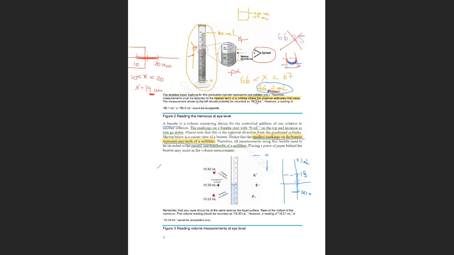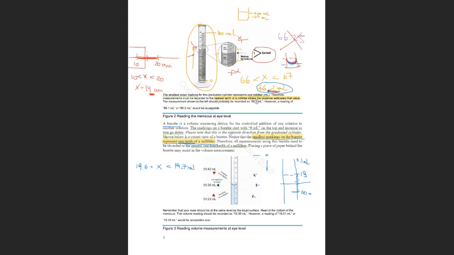I can say, for example, that my value is between 19.6, just to give you an example, and 19.7 milliliters. And this is not guessing, it's what I know, because I look at the smallest marking and the smallest marking represents 1/10 of a milliliter.